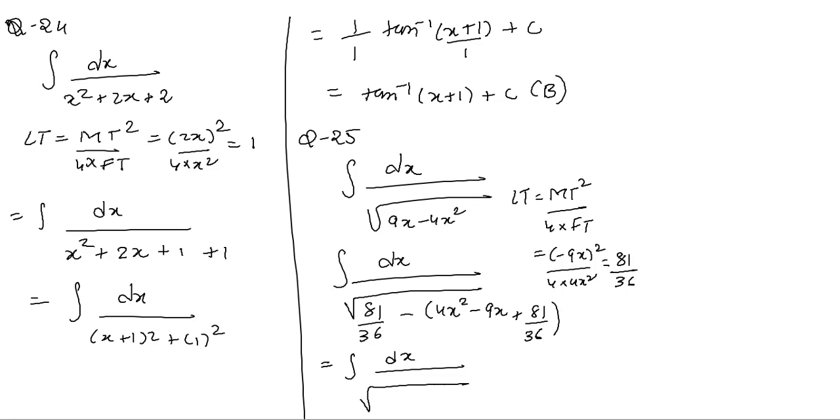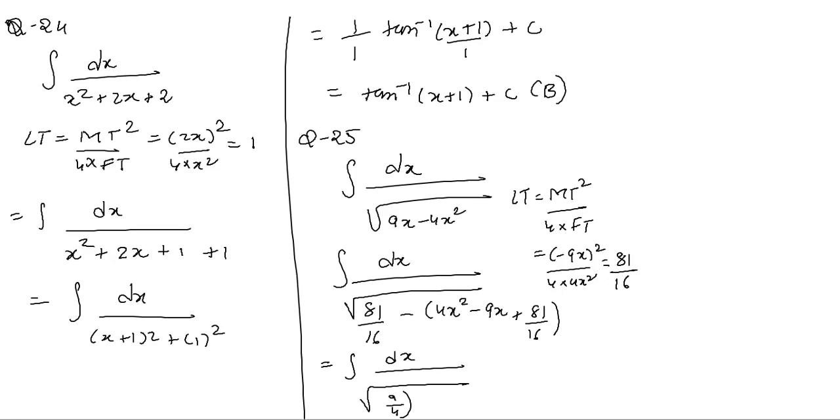So this will be, not 36, I'm sorry, this will be 4 4s are 16. So here I will take 81 by 16 and will remove 81 by 16.